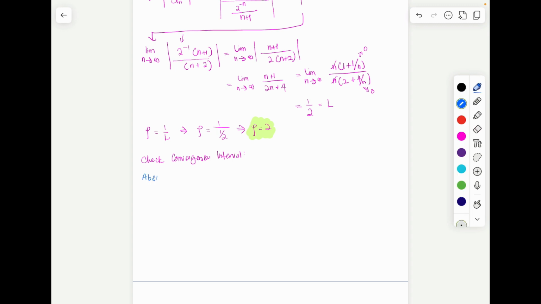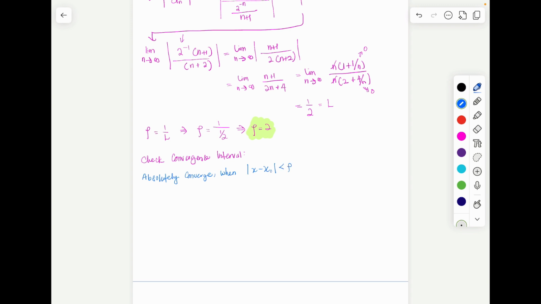The series converges absolutely when |x - x_0| is less than the radius of convergence, rho.